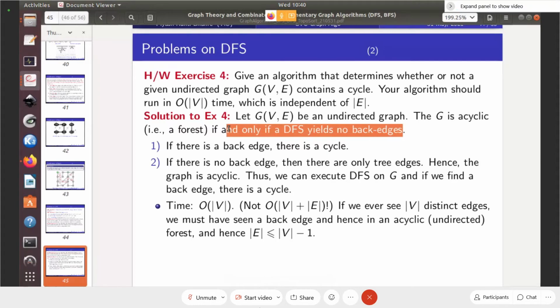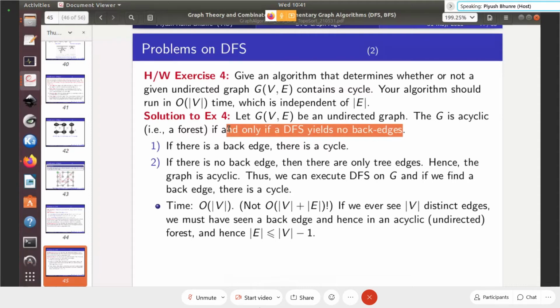So what we will do is call DFS on G. There may be multiple calls, so G may be connected or may not be connected, but acyclic, which means G may be a forest, or maybe a tree. If it is connected, then acyclic means it's a tree.